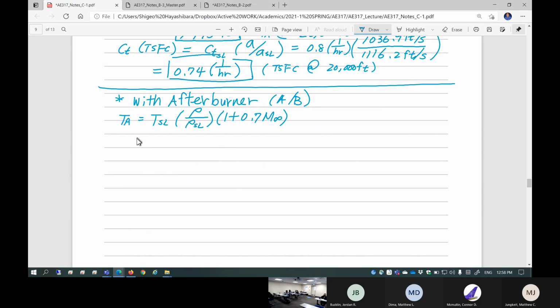Sea level afterburner thrust is given, which is 22,000 pounds. With afterburner on at sea level, you expect 22,000 pounds of thrust.